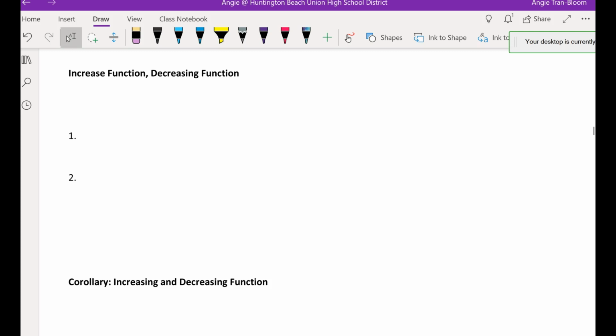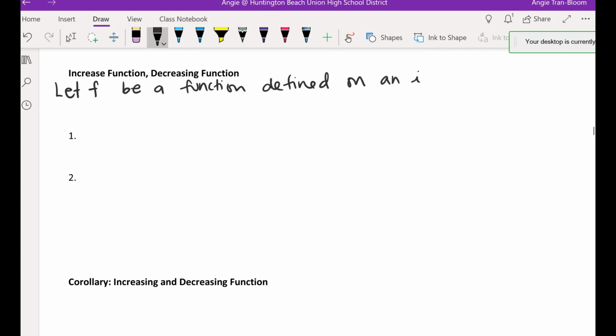Oh my goodness. Okay, increase and decrease. Happy Friday, y'all. All right, let f be a function defined on an interval.